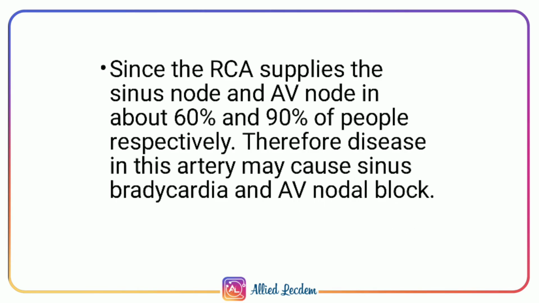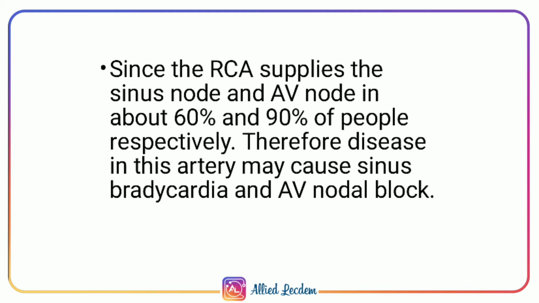The left coronary artery. The LCA normally emerges from the left coronary sinus as the left main coronary artery. The left main coronary artery is short, passes to the left and posterior to the pulmonary trunk, and bifurcates into the left anterior descending artery and the left circumflex artery.